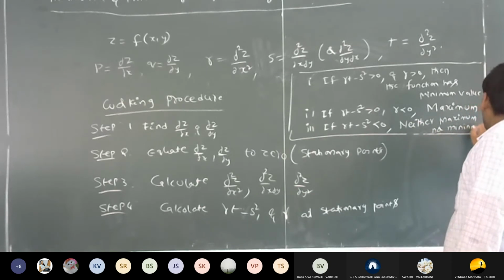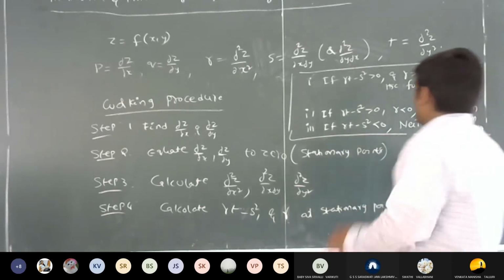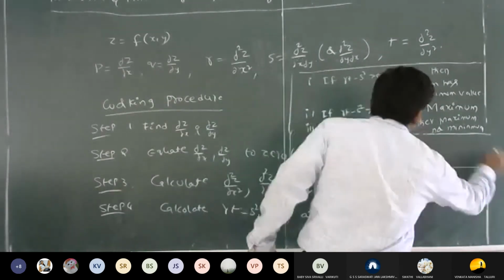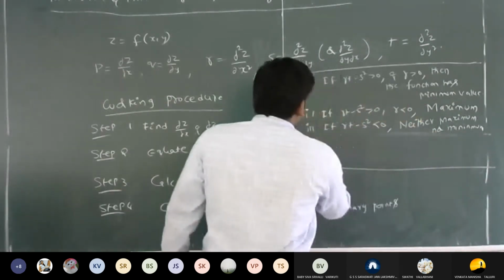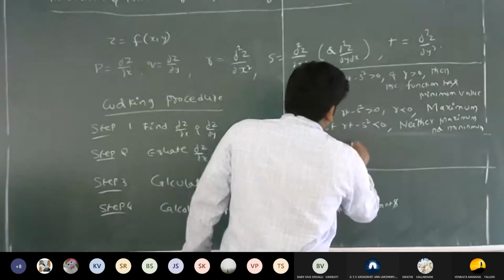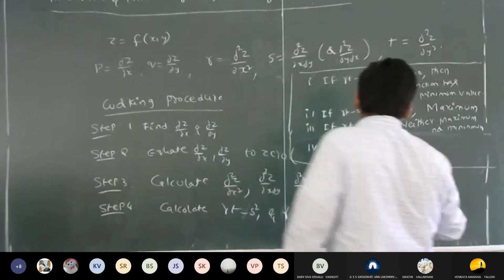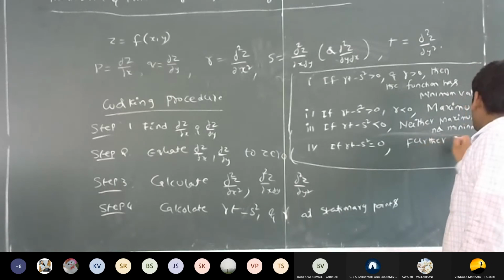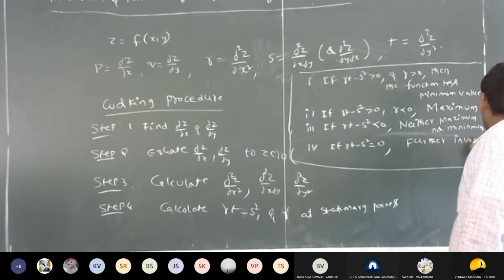The last one: if RT minus S square is equal to 0, then further investigation is needed.